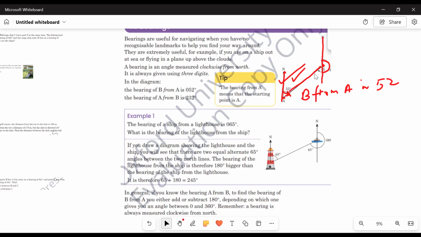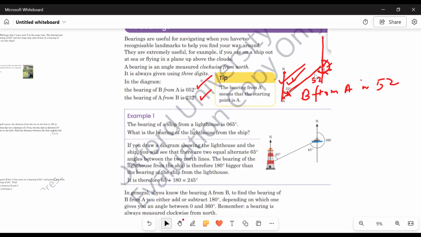So we have to go to this line. This line will be up to 180 plus 52. This is 52, and this one is also 52. So we will add 180 and 52, so it becomes 232 bearing. This we call a back bearing, and the other we call a fore bearing.